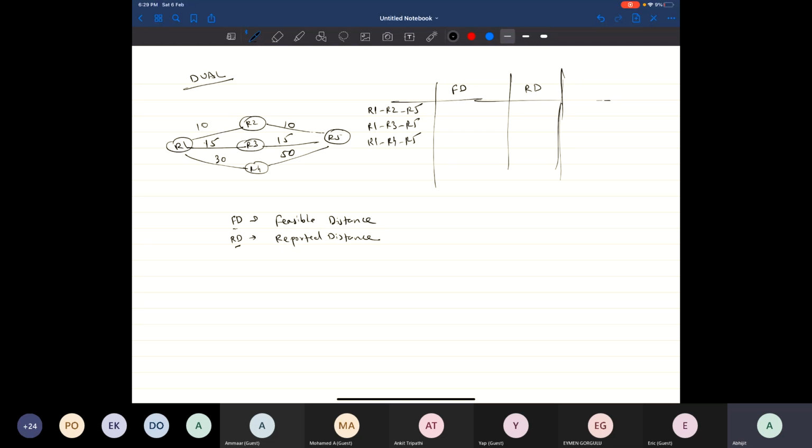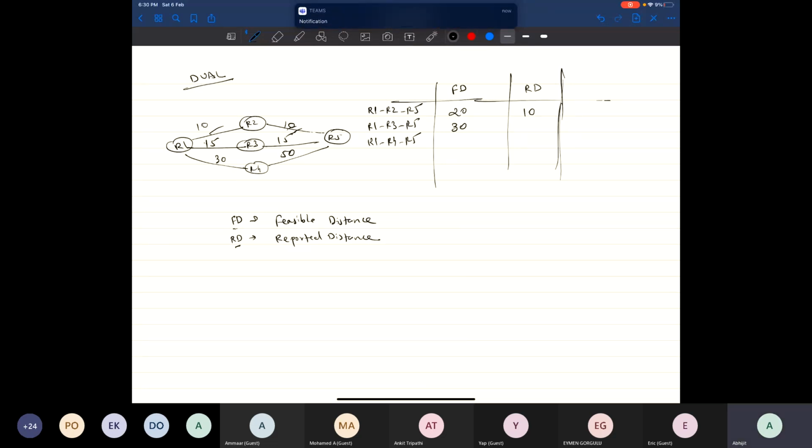the FD for the first route from R1 to R2 to R3, what will be the FD there? Can I say the FD will be 30? Sorry, the FD will be 20, right? 10 plus 10. And the RD will just be 10 there, the next hop route. Then for the second route, the FD will be 15 plus 15, which is going to be 30.